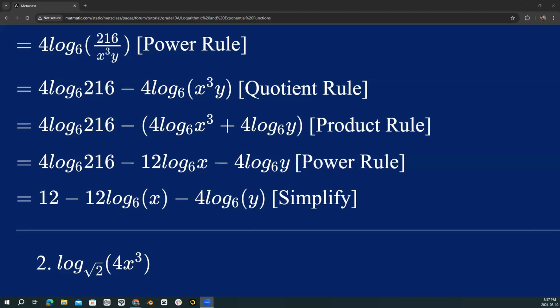Okay, here we go. So first, let me write down our equation. Okay, I need some space here.